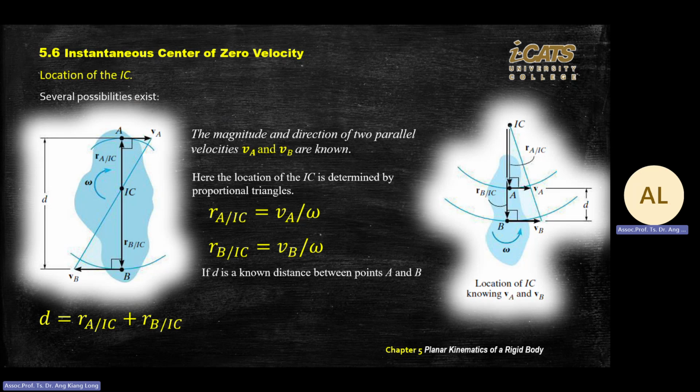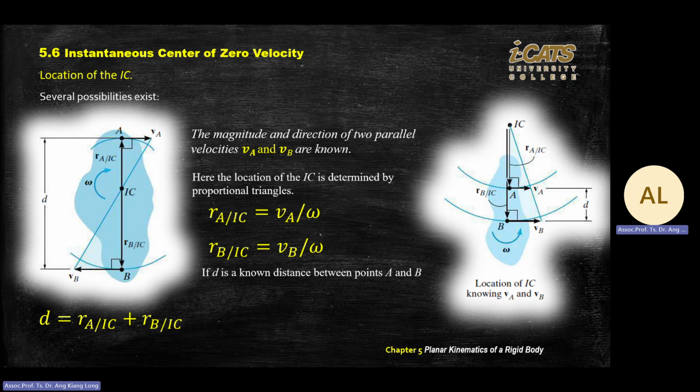Okay, so we move to the right hand side diagram. Same, one body rotates anti-clockwise. So anti-clockwise, the omega is pointing out of the screen, which is positive omega. You pick 2 points in the body, and because it's anti-clockwise, you know that B will move in a curve, A will also move in a curve.